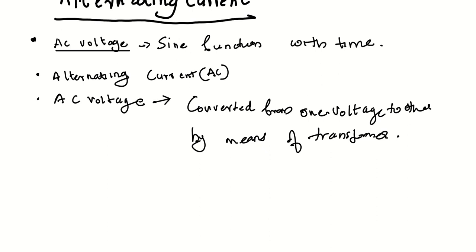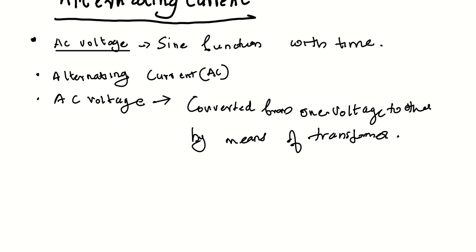Next we are studying the representation of AC current and voltage by rotating vectors. So now we have studied just the introduction. AC voltage is a voltage that varies like a sine function with time, and the current driven by it in the circuit is called alternating current.